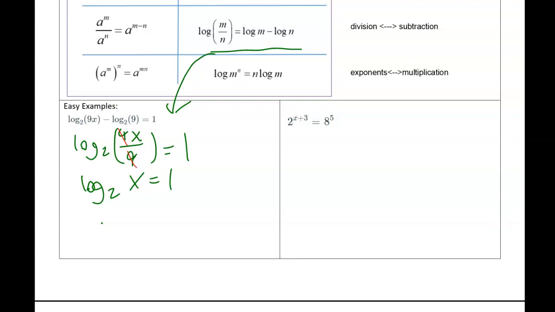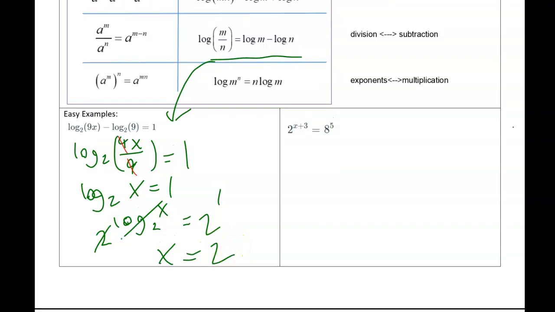So I get something like this, and you probably won't show this step as you work through these once you get comfortable. So 2 to the log base 2 of x equals 2 to the first power. So this is an exponent here, and these operations cancel out just like addition and subtraction. So I get x equals 2 left over here.